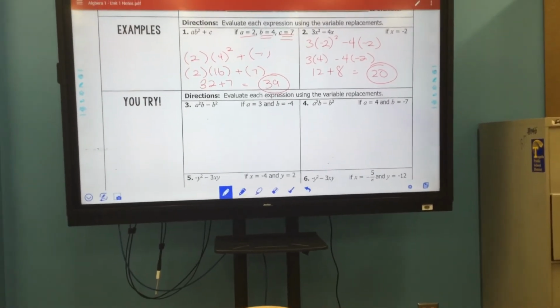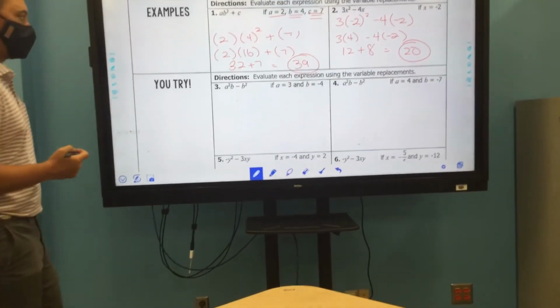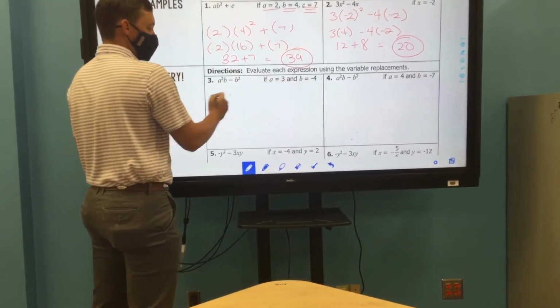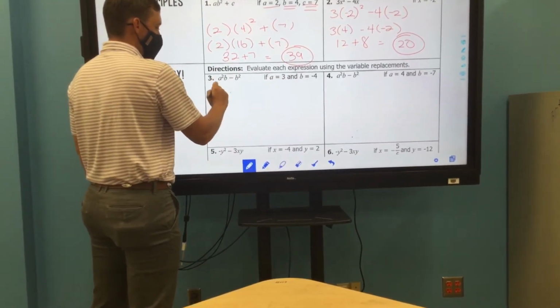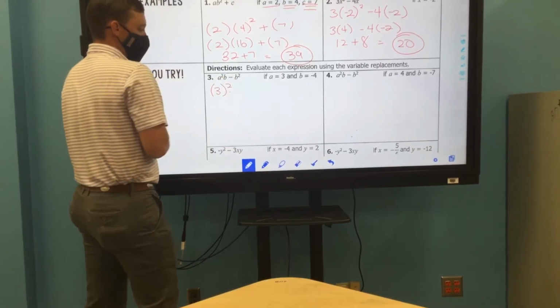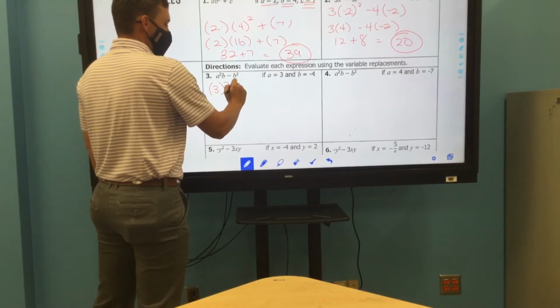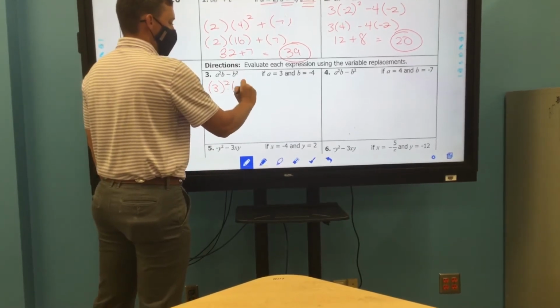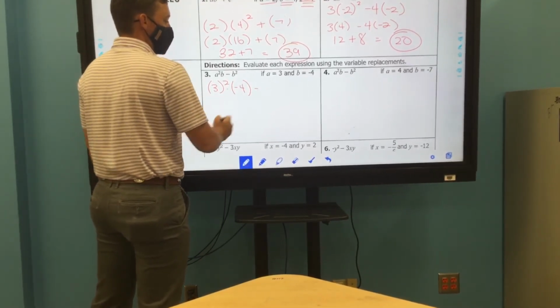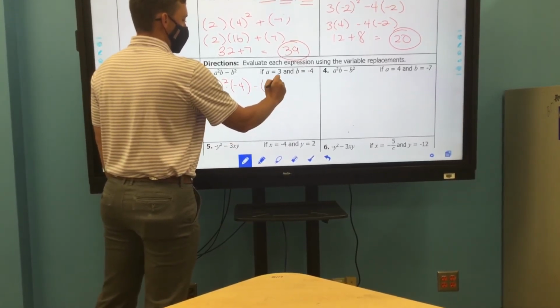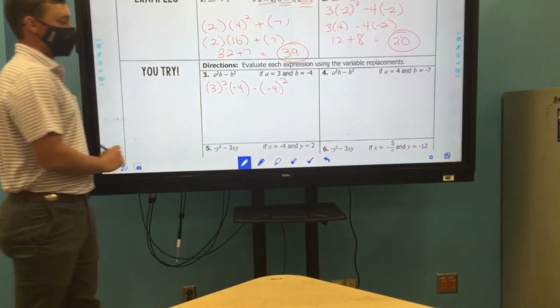All right, let's look at number 3. So number 3, we've got a squared. Well, a is equal to 3, so we've got 3 squared. b is equal to negative 4, so we've got negative 4 in place of b. We're going to do minus b squared, so that's going to be minus negative 4 squared.